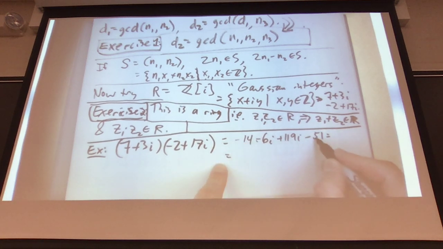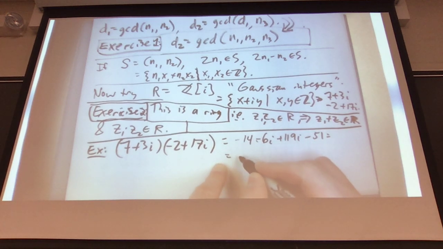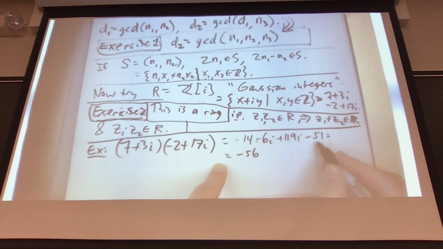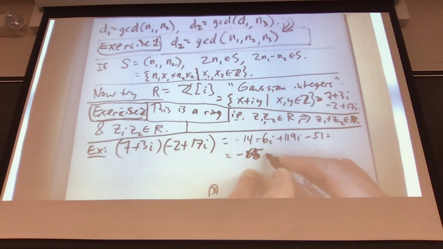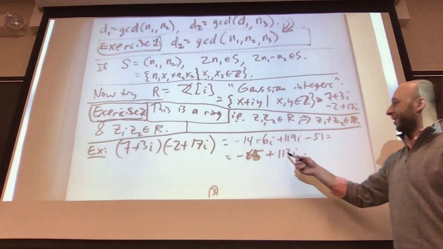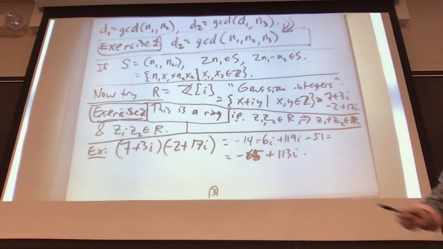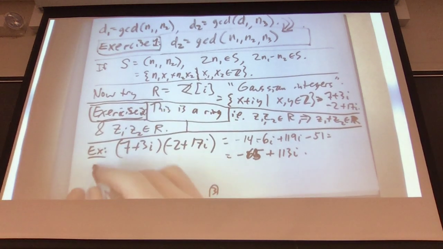Negative 14 minus 51 is negative 65. I'm dyslexic. 10 and 50 is 60, and 4 and 1 is 5. Then 119 minus 6 is 113i. Okay, and that's an integer plus i times an integer. So that's an example of this exercise.